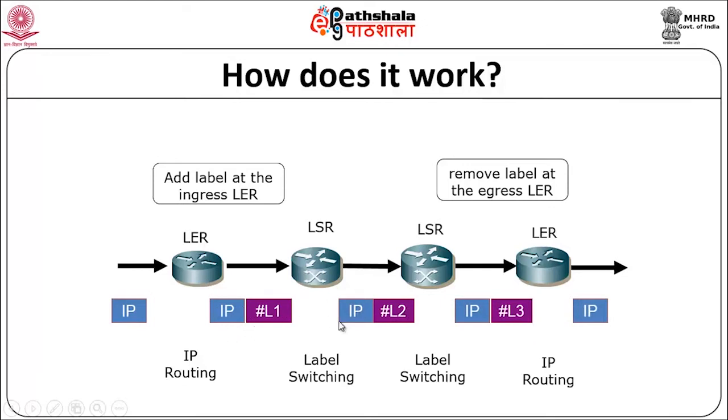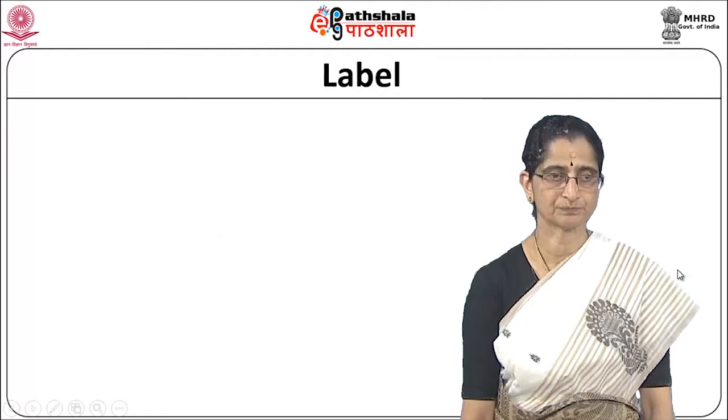At these intermediate LSRs, what will happen is something called label switching. So one label may be replaced by another label. L1 is replaced by L2 and sent along to this LSR. This LSR replaces L2 with L3 and sends it to this LER. This egress LER removes the label and sends it out as an IP packet as such.